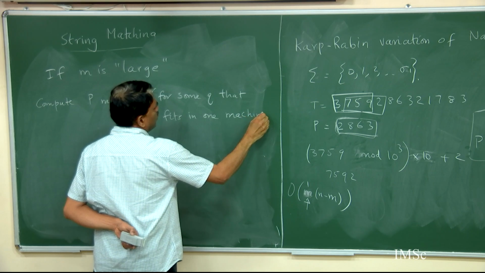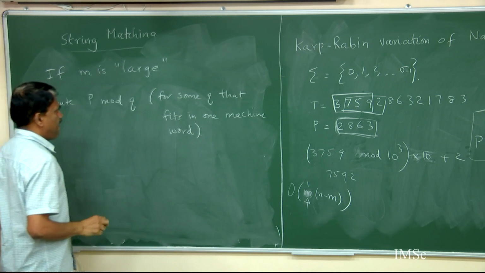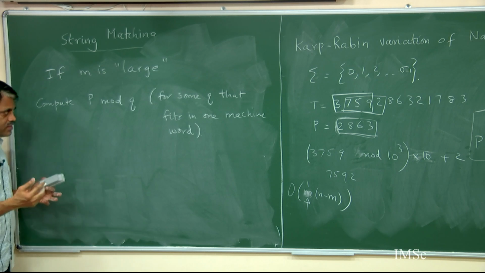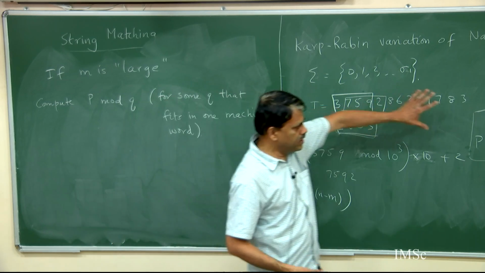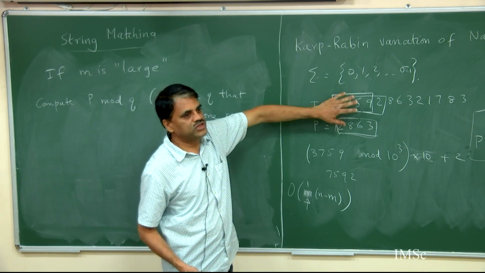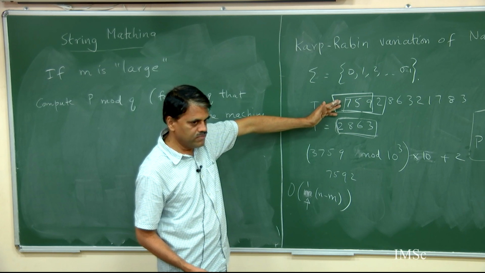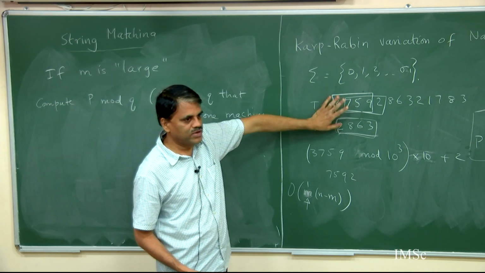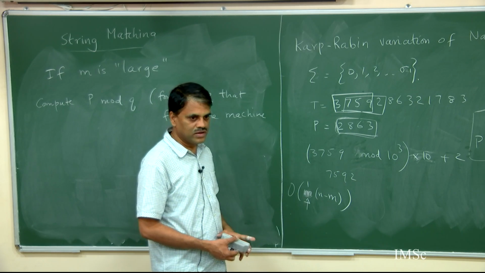So, now we are all talking about in practice. So, now you do the entire thing in this mod Q arithmetic. So, you take your pattern, compute this big number, do a mod Q, and then do the same thing on the first m characters, do a mod Q and then compare. Now, these numbers are comparable in constant time, which is fine, but what is the problem here?